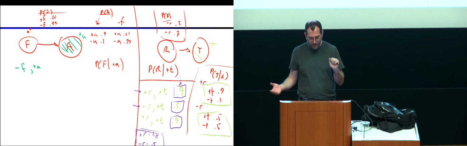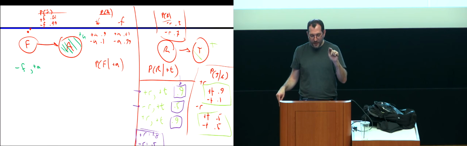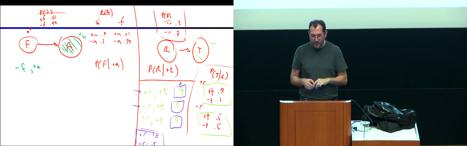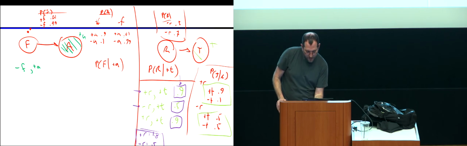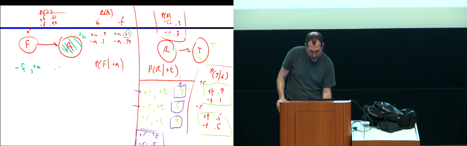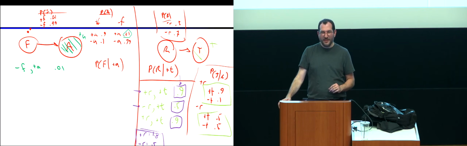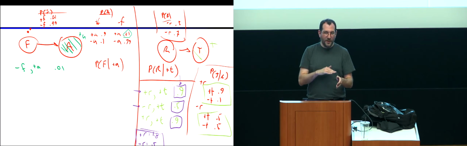Sorry, if you say minus F, the chance that for reals you would get plus A is only 0.01. So this one only has weight 0.01. It's there, but by its weight, it's basically already a dead sample.